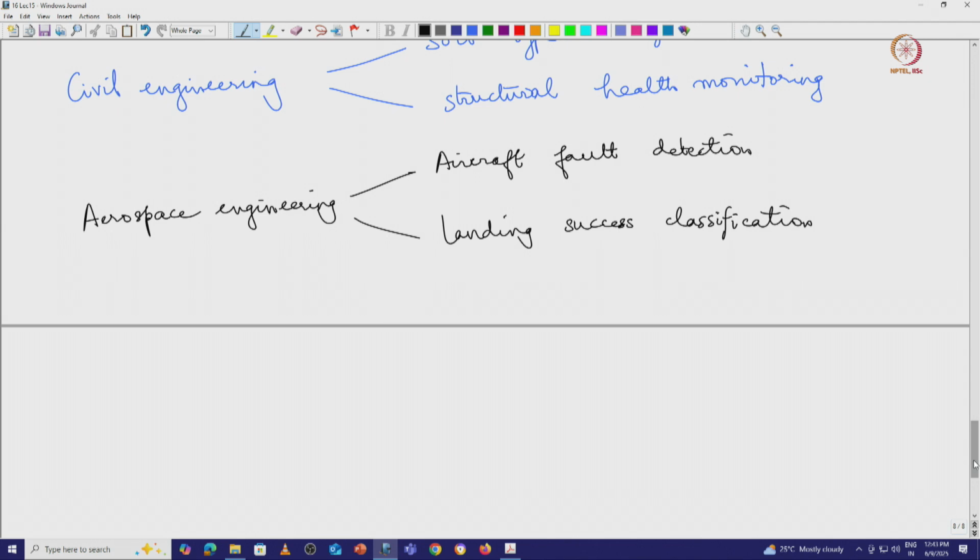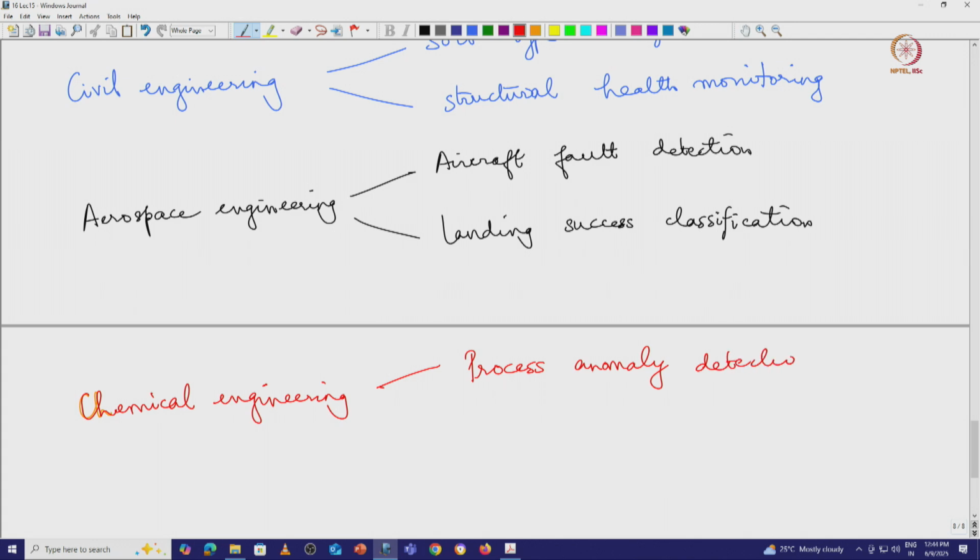The next example I want to give is from chemical engineering. So, in chemical engineering, one may want to detect an anomaly in a process. So, let us say you have a process to produce a chemical and you want to detect whether it is working fine or there is some problem somewhere in the process.